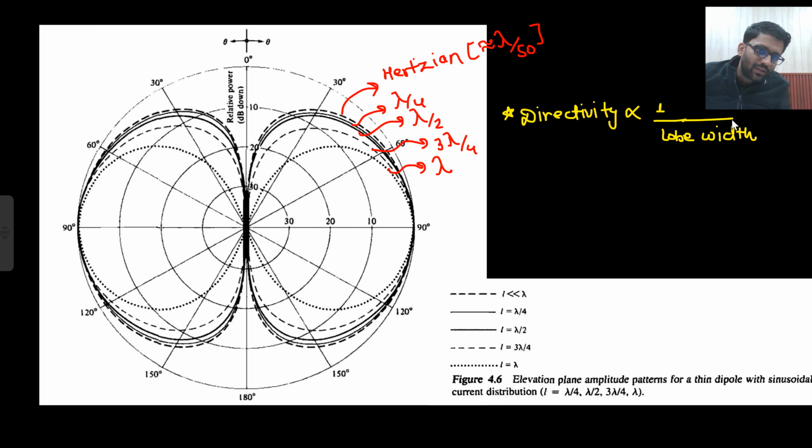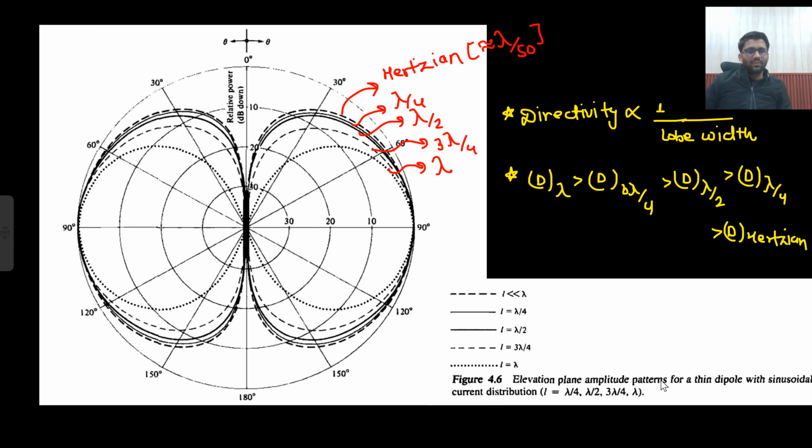The second point is that the directivity of the lambda length antenna will be greater than 3 lambda by 4, which will be greater than lambda by 2, which will be greater than lambda by 4, and that will be greater than Hertzian.